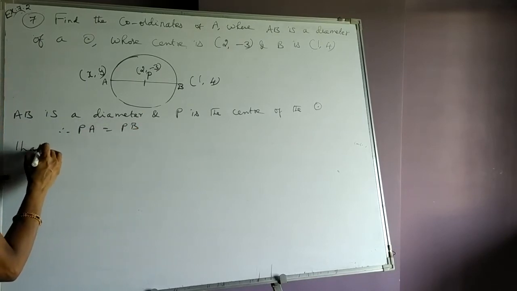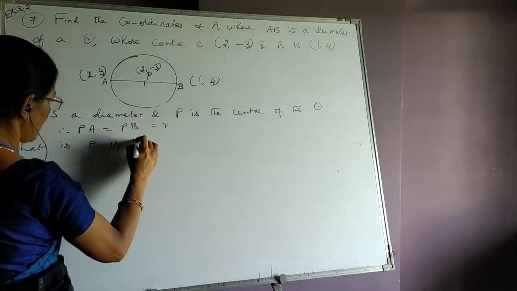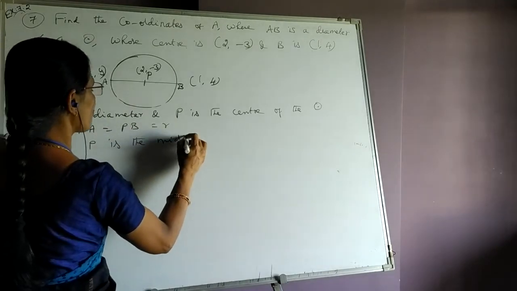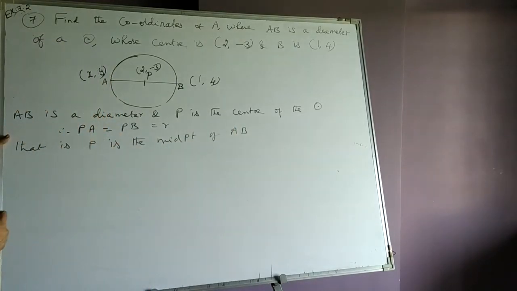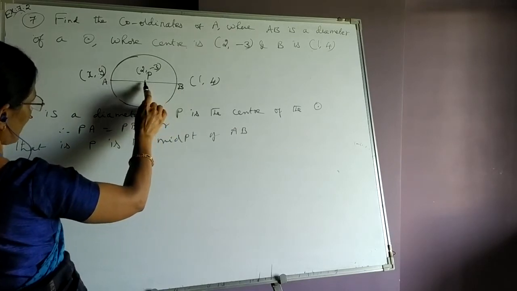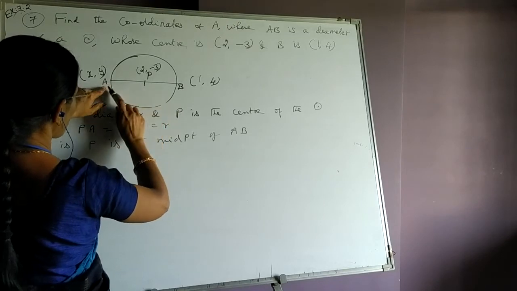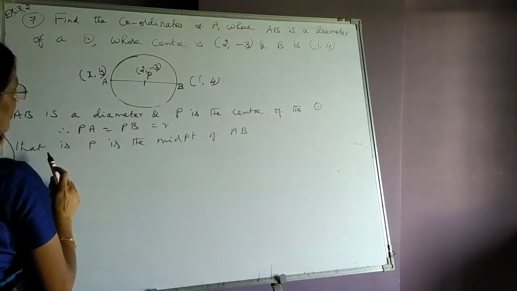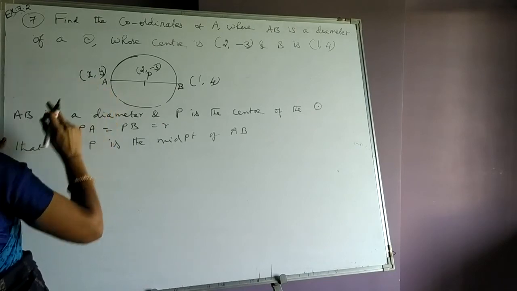That is, P is the midpoint of AB. So using midpoint formula, we are going to calculate. Hope you understood. Any diameter passes through the center. So the center of the circle is nothing but midpoint of the segment AB. Therefore, using midpoint formula, we are going to calculate the values of x and y.